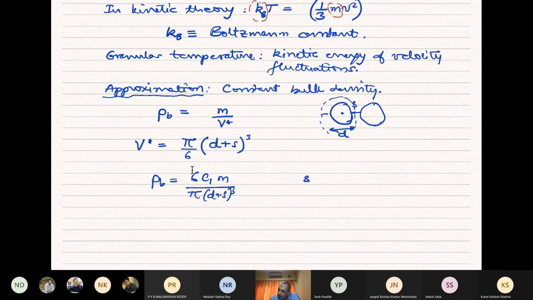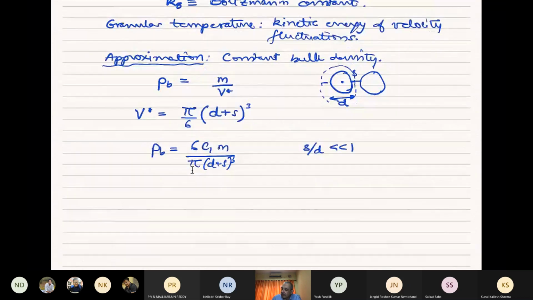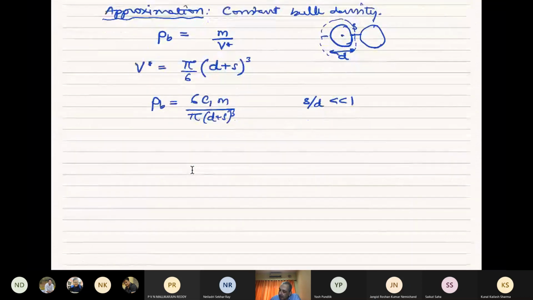Now, if s divided by d is much less than 1, that means if s is much smaller than the particle diameter, the spacing between the particles is much smaller than the particle diameter, then this is approximately equal to 6 C1 m by pi d cubed, which is a constant.